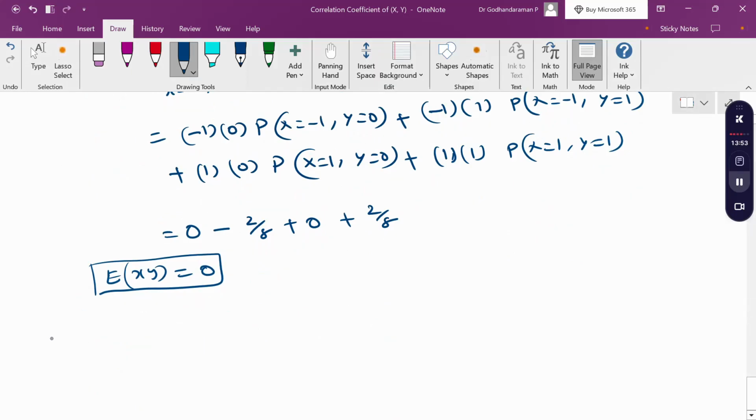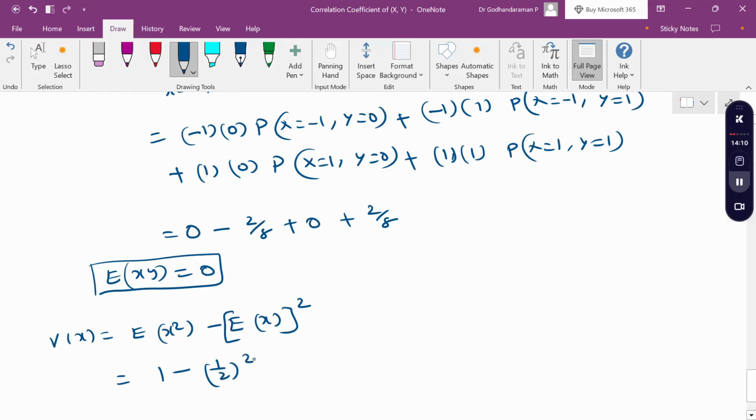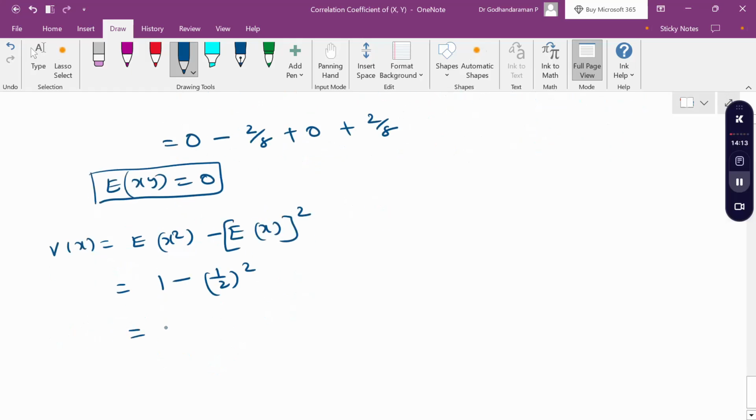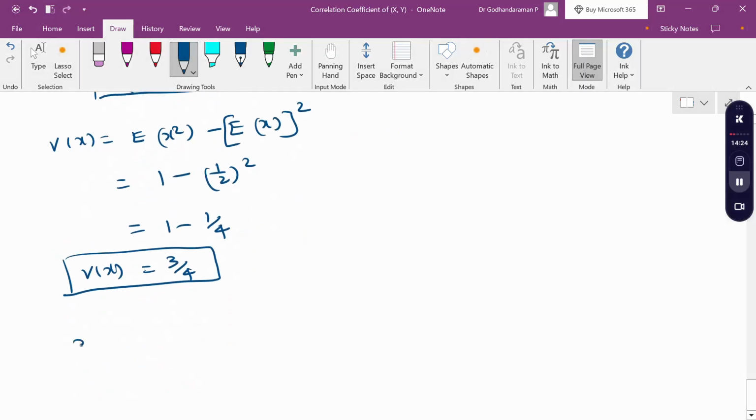Now we know the values of E of x, E of x square, E of y square, E of y and E of x y. Now to calculate variance, V of x is E of x square minus E of x whole square. So E of x square value 1 minus E of x value 1 by 2 whole square. Therefore 1 minus 1 by 4, taking LCM, gives 3 by 4, the variance of x. Then sigma x is the square root of variance of x, therefore square root of 3 by 4.